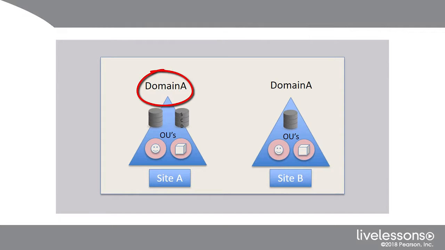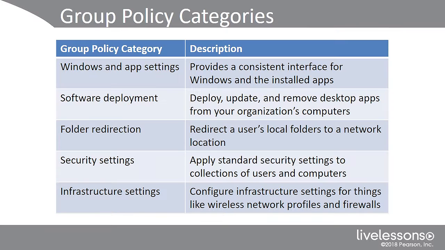Well, maybe in Site A I have domain A and domain B, and I want slightly different behavior in domain A versus domain B within Site A. Bingo, I apply the GPO at the domain level. Well, let's go a little bit lower. Maybe within OUs, within domain A, which is part of Site A, I want yet again slightly different behavior. I can apply a GPO at the OU level as well. These are very powerful tools and popular for managing the behavior of users and computers.